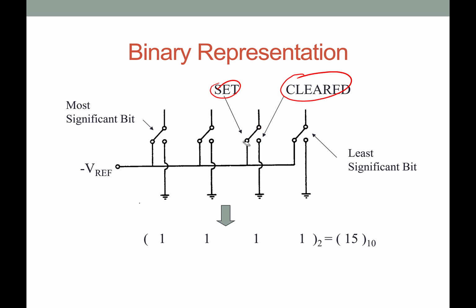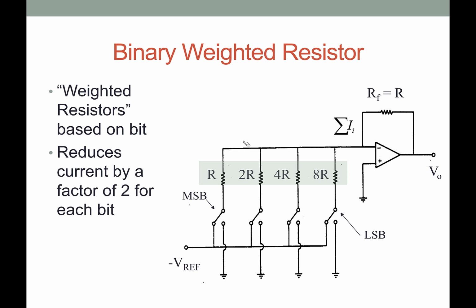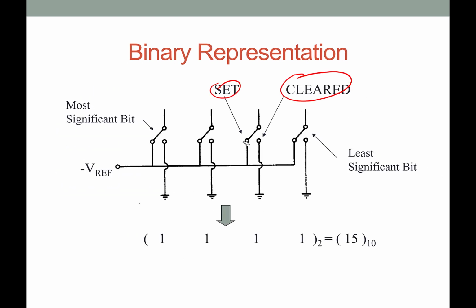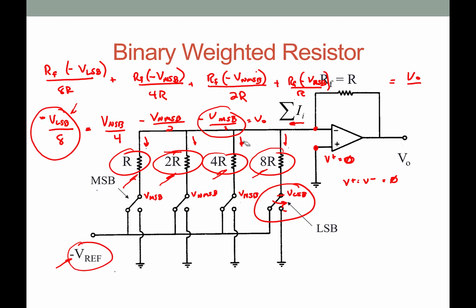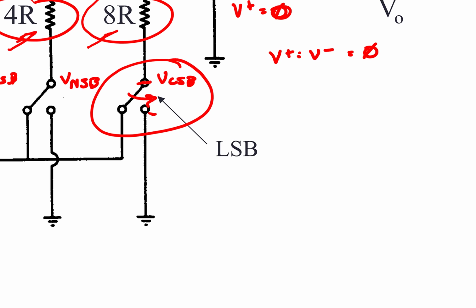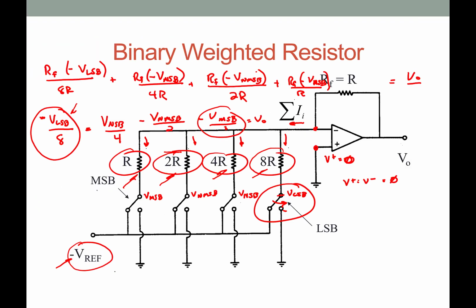But how you would get 15 out, that would give you, in this equation, Vref over 1 plus Vref over 2 plus Vref over 4 plus Vref over 8. And that would basically be giving you the output voltage there.